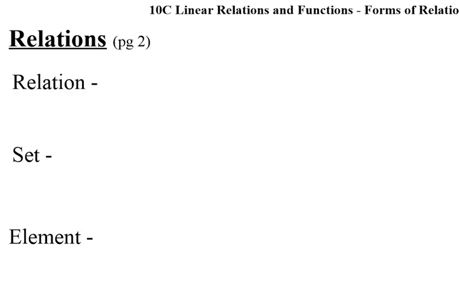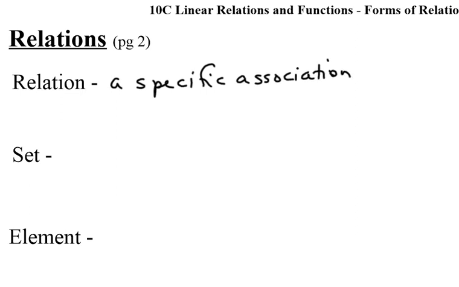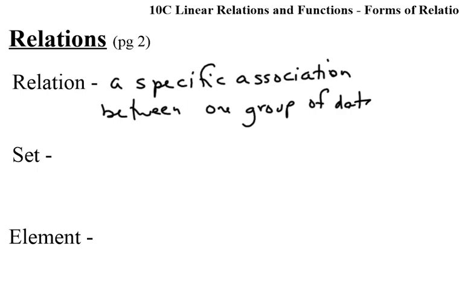If we turn to page 2, we can start with the simple definitions. A relation is a specific association between one group of data and another.